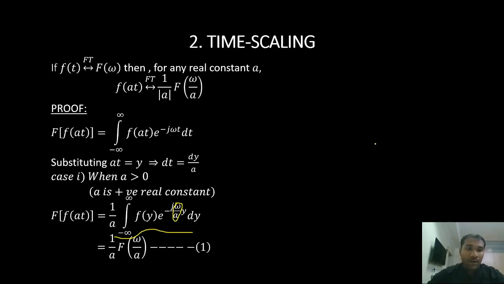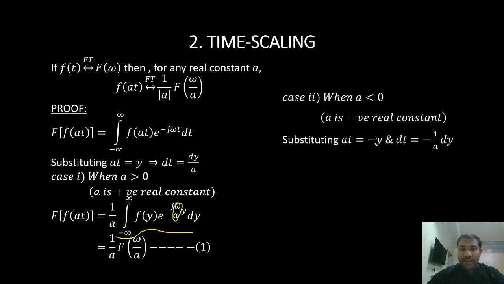Now we'll look at the second case, when a is less than 0. We'll substitute at equal to minus y, and from there we get dt equal to minus 1 by a dy.